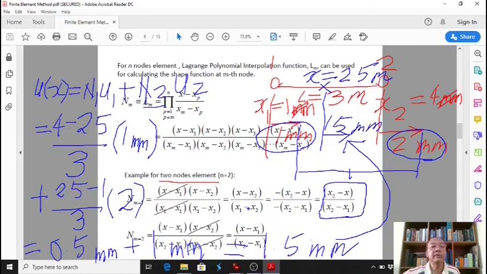So this is useful or benefit using the Lagrange polynomial interpolation function.